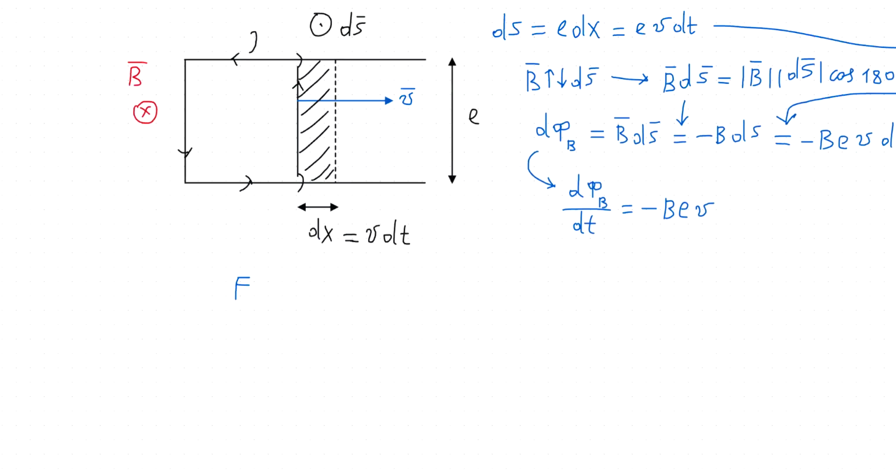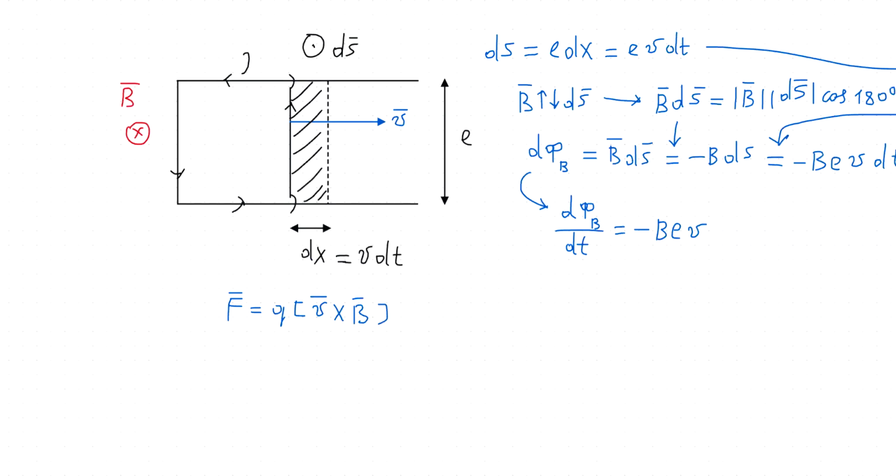We know from our previous lecture that Lorentz force is equal to Q cross product V and B. And according to the picture, vector V is in the screen and vector B is perpendicular to the screen.